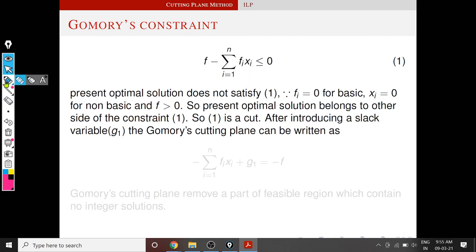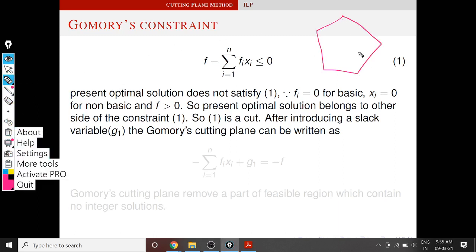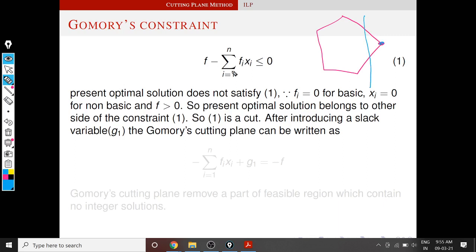So this is the situation, and this is our present optimal solution. And we introduce a new constraint like this: f minus sigma fi xi less than or equal to 0. Now we are guaranteed that this constraint satisfies this equation, and this is the region corresponding to this equation.